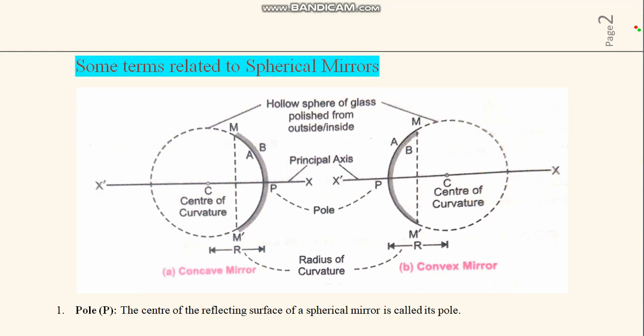The first term that we are going to discuss is the pole of the mirror. It is the center of the reflecting surface of the spherical mirror. That is this. This is the pole of a concave mirror, and this is the pole of the convex mirror.